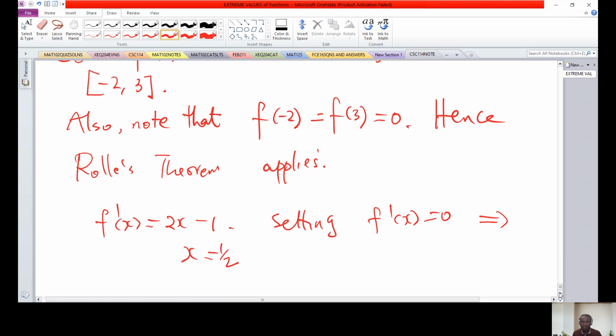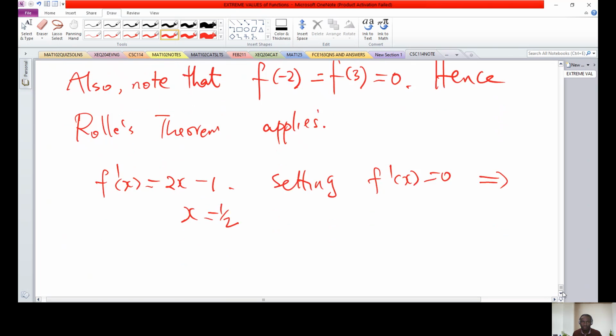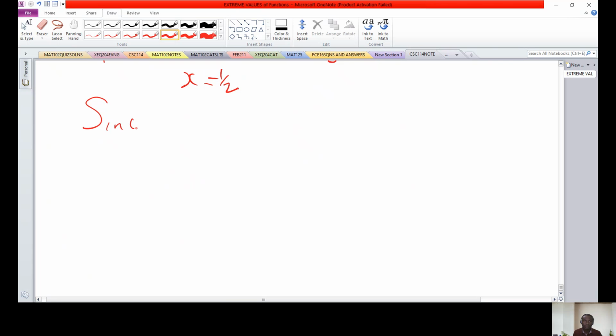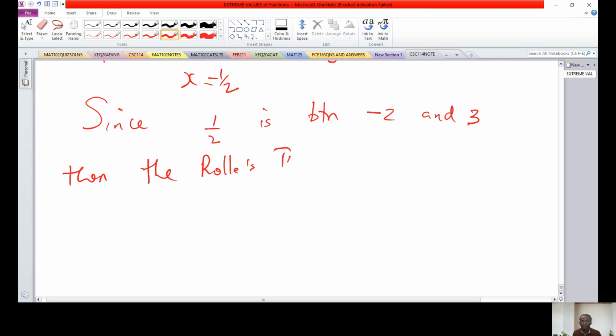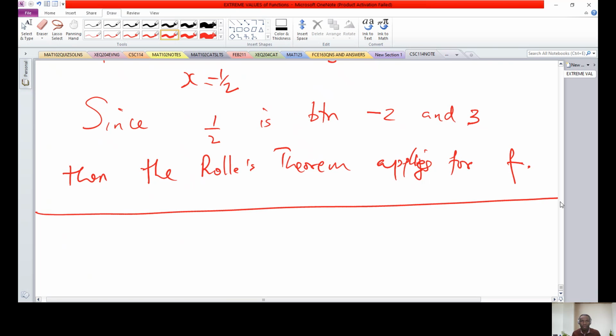Since a half is between -2 and 3, then Rolle's theorem applies for f. So do as many examples as possible on the application of Rolle's theorem. Thank you.